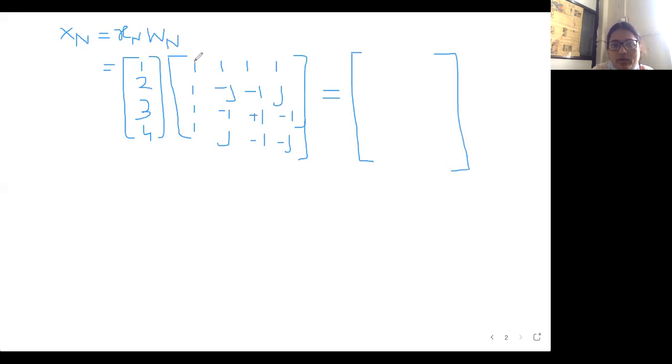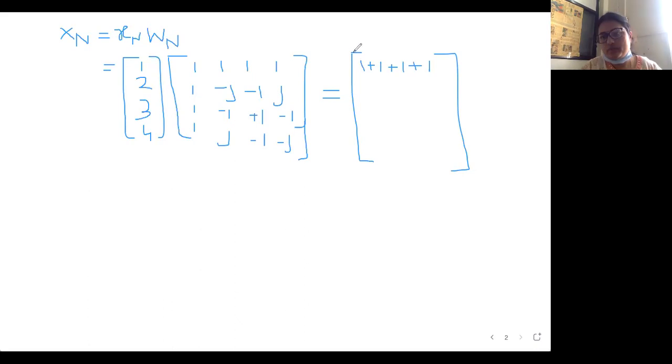First row and column. So here first row, 1 multiplied by 1. So how much is it? 1 only. Plus the next element, we will be getting 1 multiplied by 1 again, so this is again 1. 1 multiplied by 1, so this will be again 1. This is going to be 1 multiplied by 1, so it is going to be 1 again.